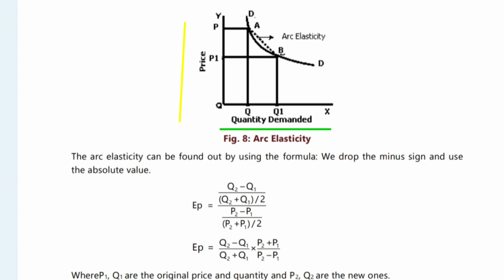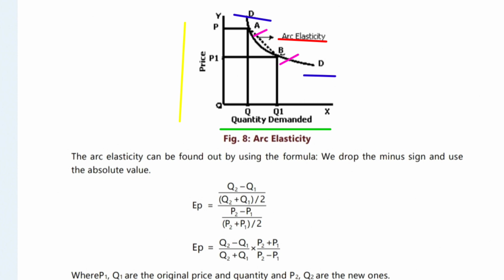So these 2 points are A and B, the intersection of the vertical and horizontal line. Now when a demand curve DD is drawn joining these 2 points A and B, if you have to find out the elasticity in between these 2 points, here we have a confusion as to which quantity is to be taken as the base, whether the OQ or the OQ1. So instead we take the average.